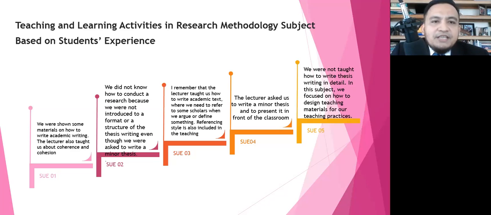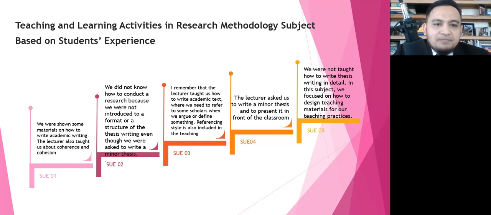And then we see the information from the students' experience. From student 1, he said that we were shown some materials on how to write academic writing. The lecturer also taught us about coherence and cohesion.